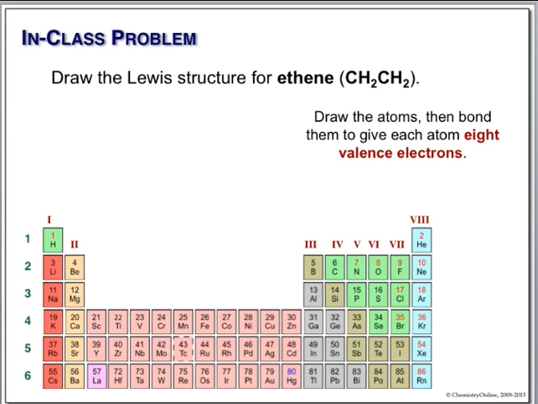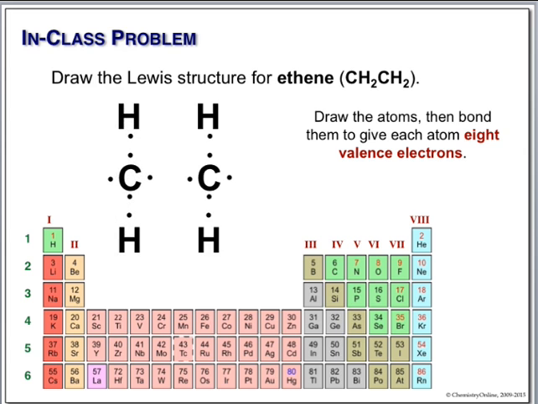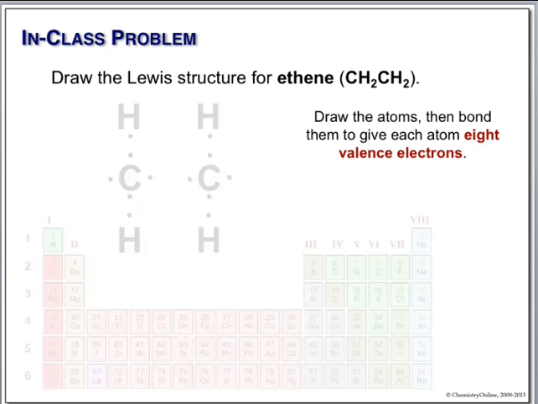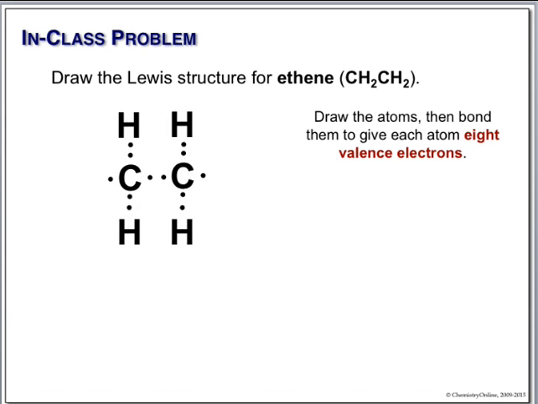Once again, carbon is group 4. So we will put our carbon with 4 valence electrons around it. Each hydrogen, of course, has 1. Now when we scooch these guys together, we have 2, 4, 6, 7 electrons around each carbon.